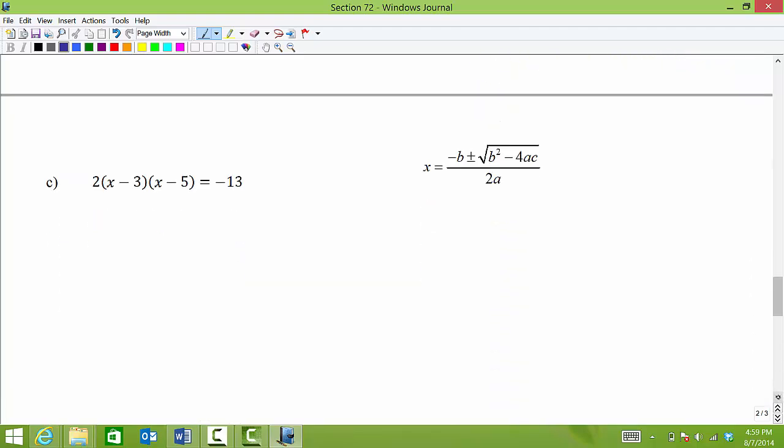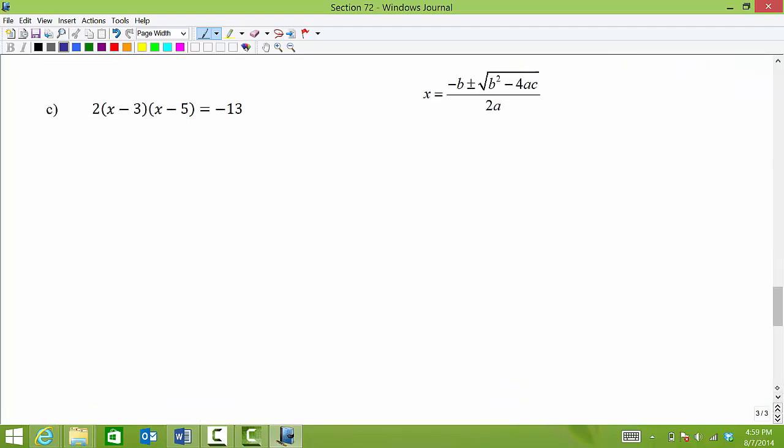In our last example, we have a quadratic equation that is not in standard form, and we have a couple of steps that we have to do to get it into standard form. We want to FOIL and then distribute the 2. So I'm going to FOIL first.